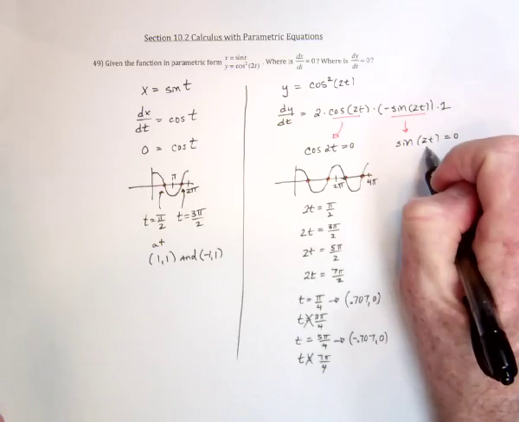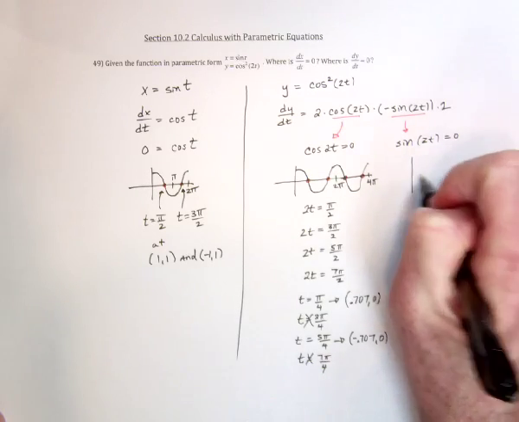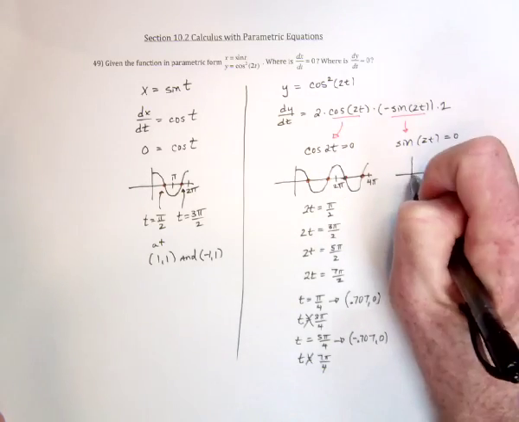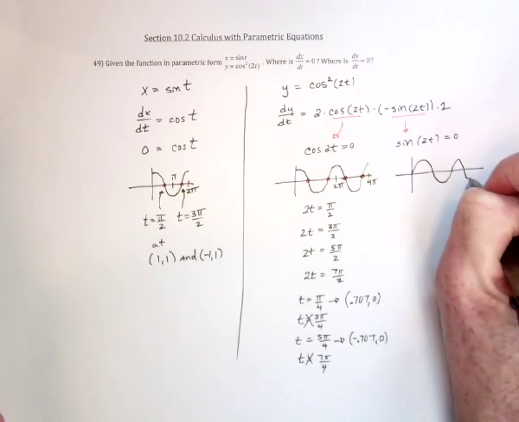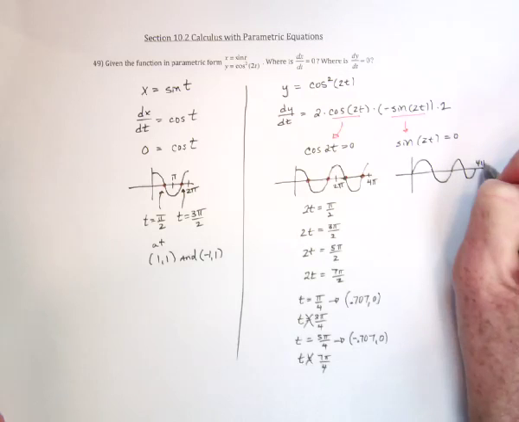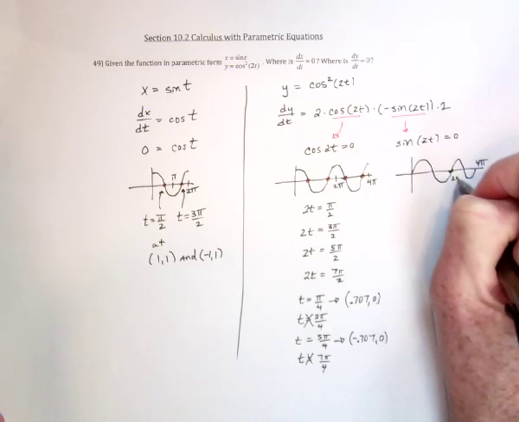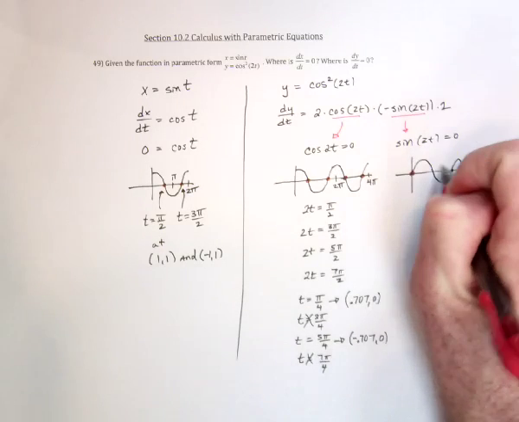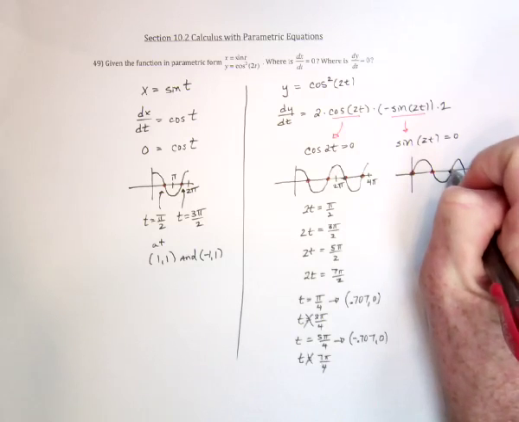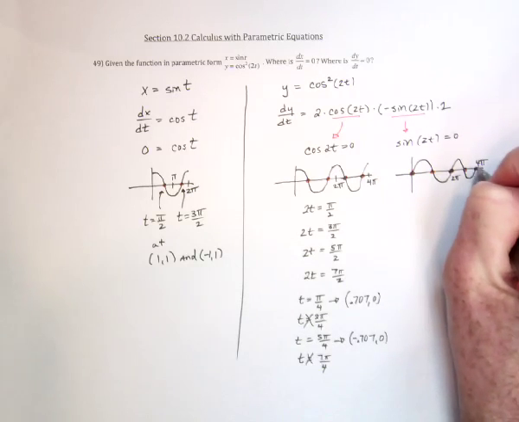And again, because of the 2t, we'll have twice as many answers as usual. So follow sine out for 2 cycles. And then where that equals 0 is going to be the multiples of pi. So we would have 0 and pi and 2 pi and 3 pi and 4 pi.